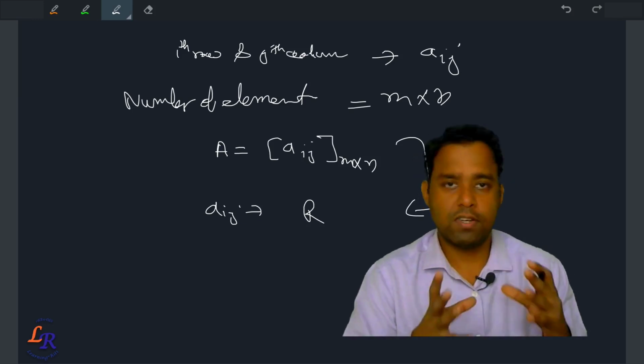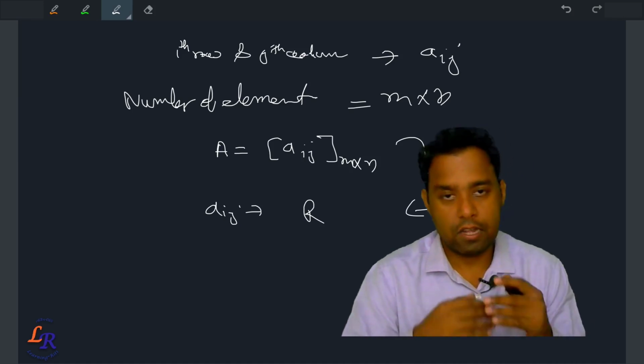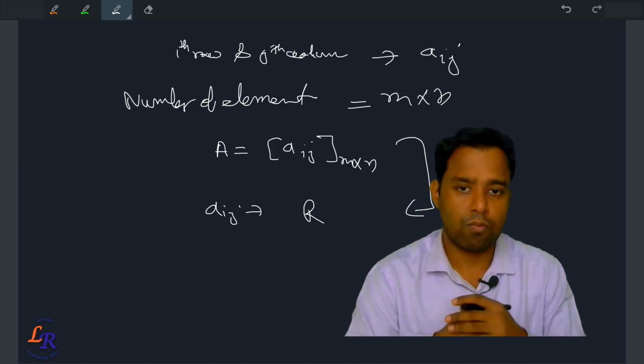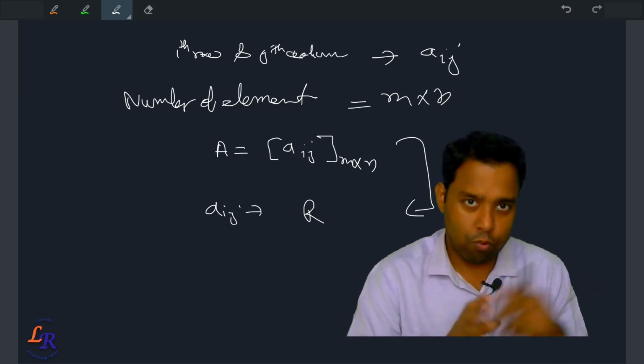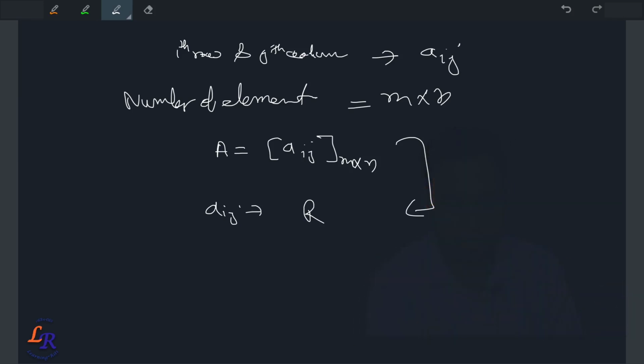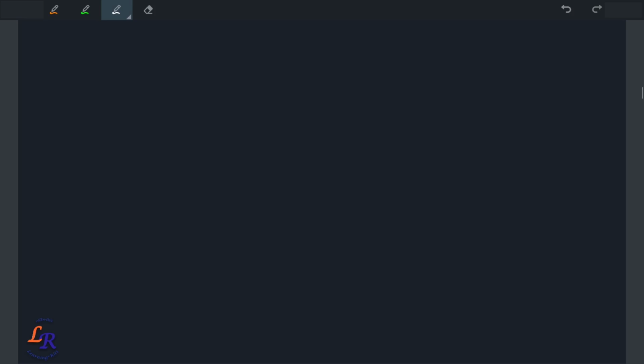Okay, so let's have some examples related to that, and let's see how you can construct a matrix from the provided information. For example, in a factory there are people working in 3 shifts, and the numbers of men workers and women workers are given.